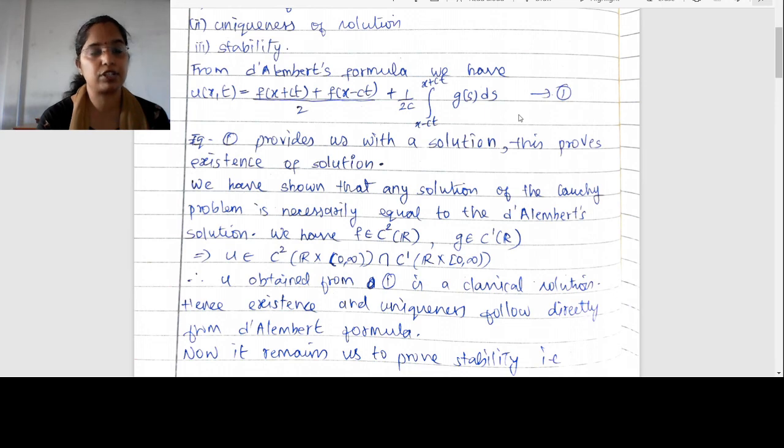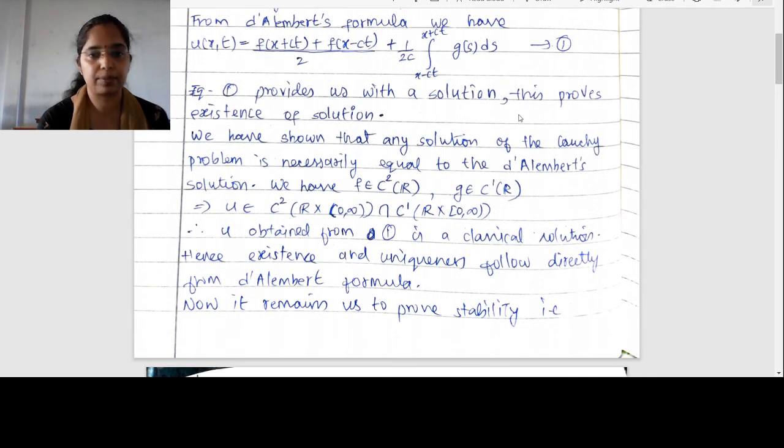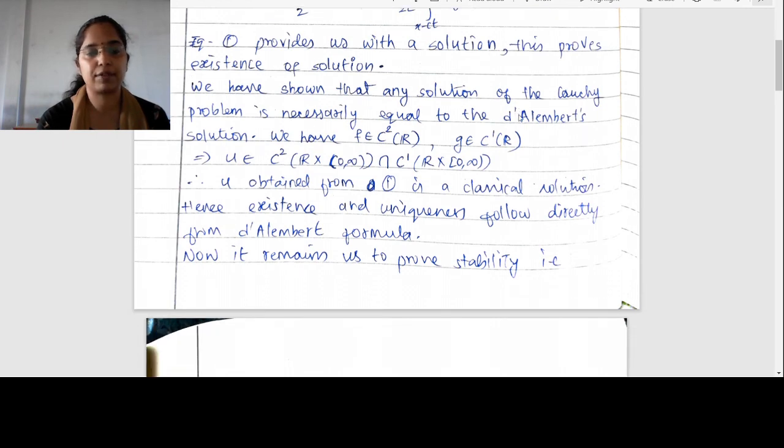Also, in the derivation of D'Alembert's solution we have shown that if we solve the Cauchy problem we will arrive at this formula. There is no other way. So it means that the solution is also unique. Also, it is given that f is an element of C2(R) and g in C1(R). So u is a combination of both f and g.